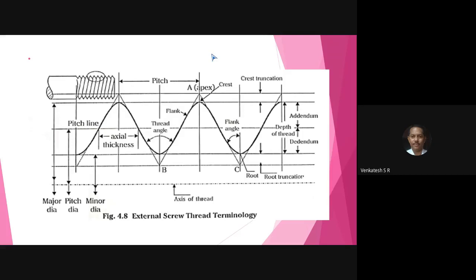Mark it, very, very important. The first question in module 3 is: explain briefly with a neat sketch external screw thread terminology.